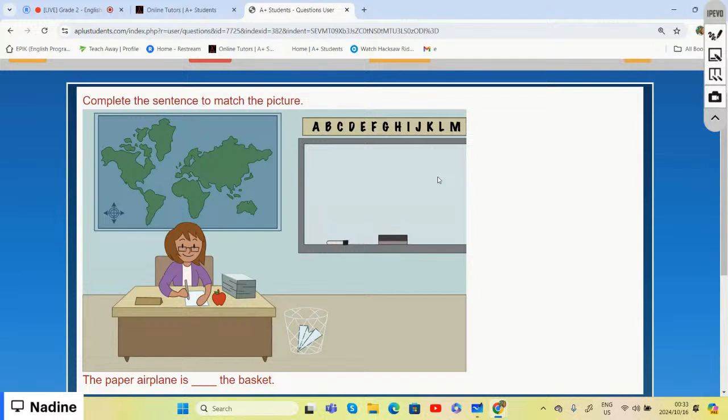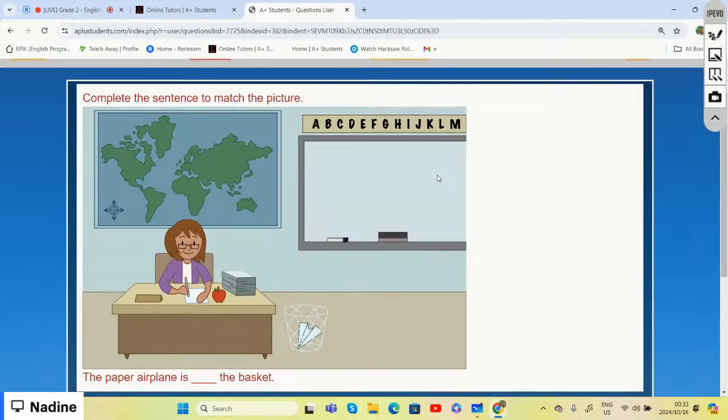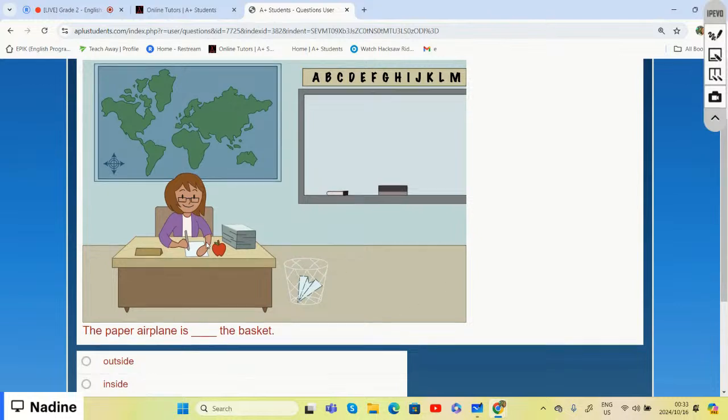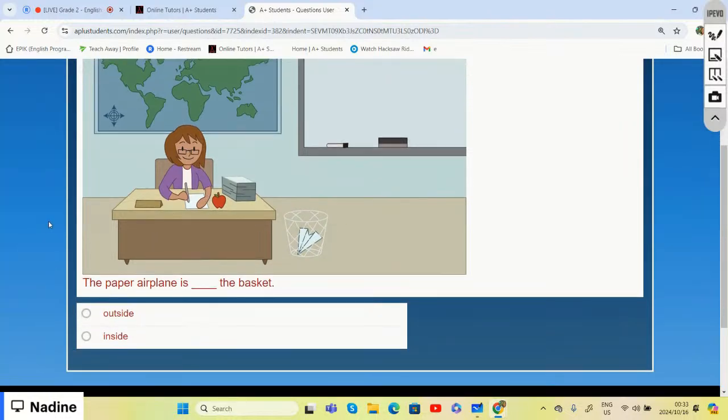We need to select the sentence to match the picture. It says the paper airplane, that little thing. Is it outside the basket or inside the basket? We need to say where that paper airplane is.